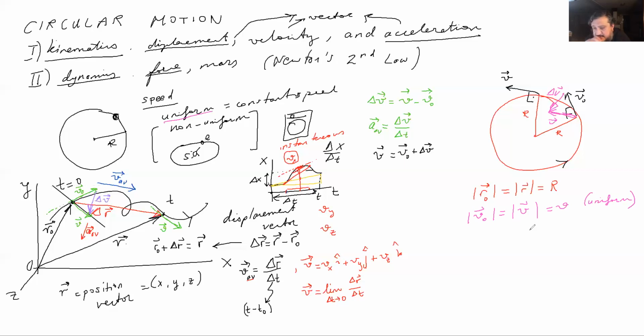Okay, we're going to come back to this circle again, but let's do one more thing, and that is considering the limit again, when delta t goes to 0. So you take this limit now, which you know now. That's taking the limit of delta t goes to 0, but not delta r over delta t, but delta v divided by delta t.